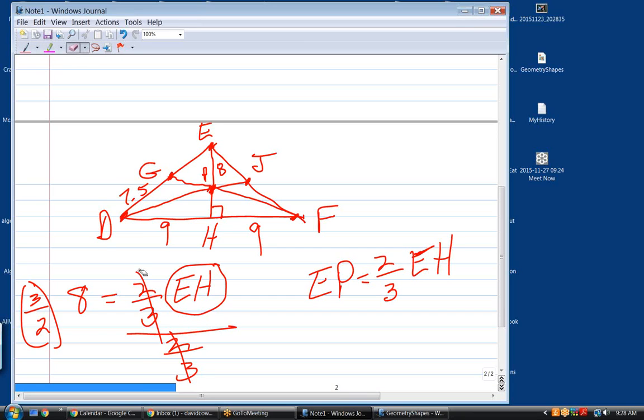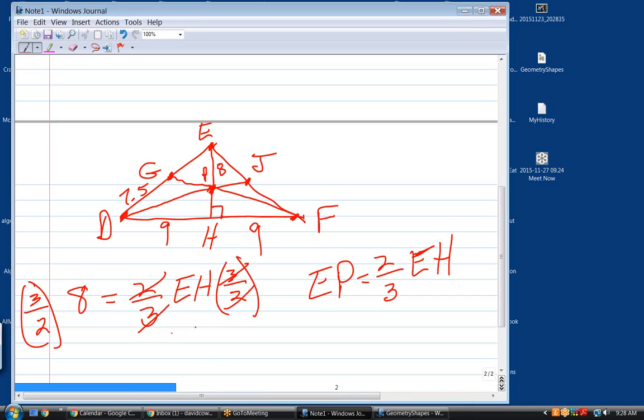I'm going to multiply the right side by the reciprocal of that fraction every time. Notice that when I multiply by the reciprocal of the coefficient, it leaves EH.